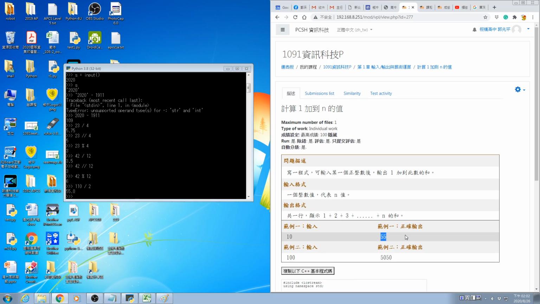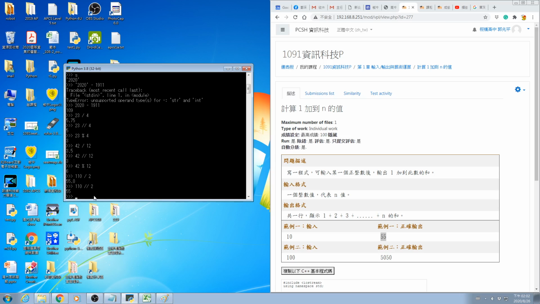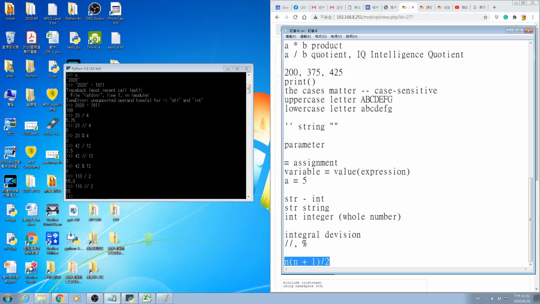The way of doing it is you need to use integral division. Then there will be no 0.0 at the end. Do you know what I'm talking about here? So for this problem, you might not want to use the regular division sign right here. You want to use the integral division sign like this.